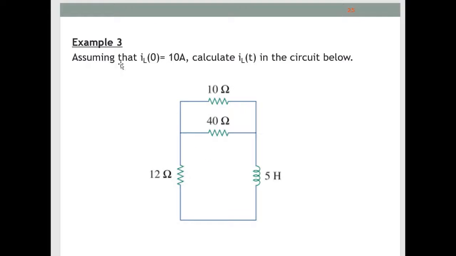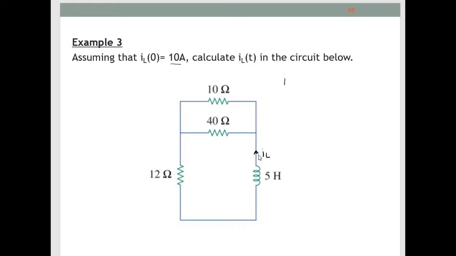Okay, let's check example 3 here. Assuming that iL(0) is 10 ampere, calculate iL(t) in the circuit below. So for iL, we can draw the arrow or direction of the current. This is the initially stored energy, the initially stored current in the inductor, which is 10 ampere.